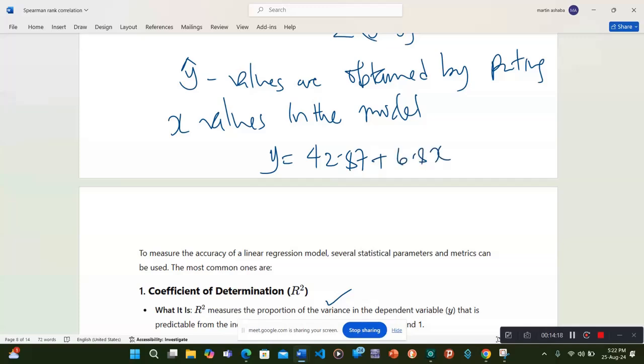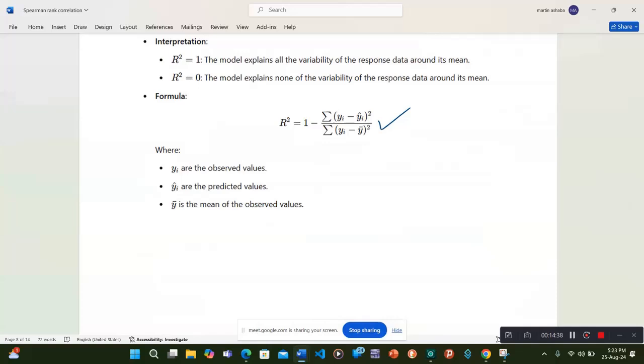So you look at each value of x, maybe 1, 2, 3, 4, 5, etc., substitute them here and get the values of y. The y that you get is the predicted y. Then you use that formula to determine r squared, which will be the coefficient of determination. Before we go any further, I need any questions, then we'll proceed.